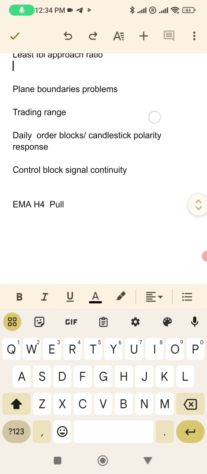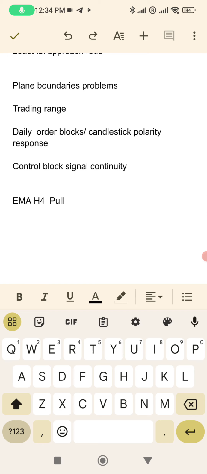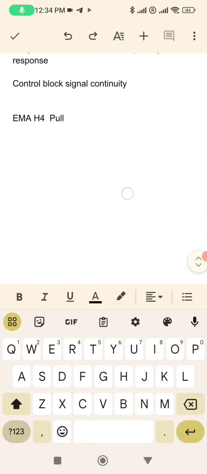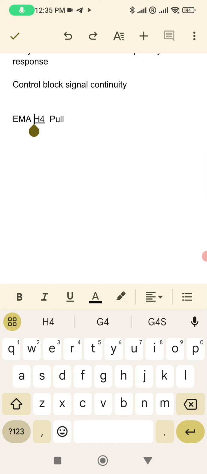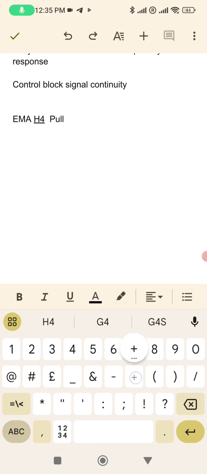candlestick polarity response, control block signal continuity, EMA H4 Pull. We're going to put plus on this H4 because the H4 is the benchmark for this advanced part of reactive signal.